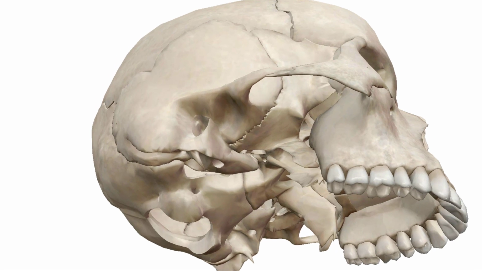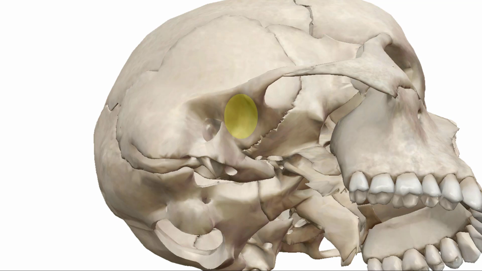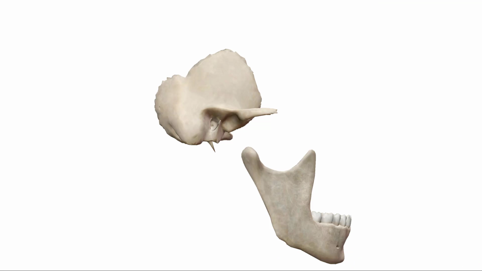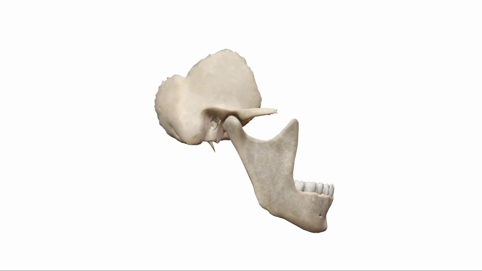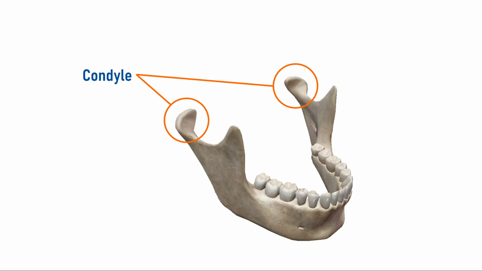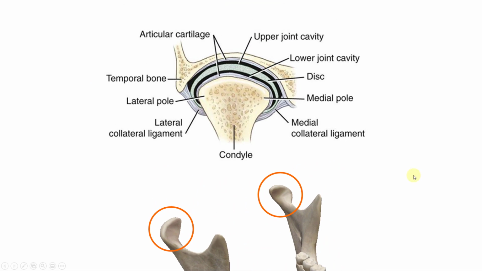And as we zoom in here, we'll see that there's an area that articulates with the mandible, and that dome of that surface articulates with the condyle, and that's what makes up the joint. So both of these condyles on both sides, that's the articulating bone with the skull. And you can see here that here's the condyle, there's that dome of the temporal bone, and then here's your joint disc here.